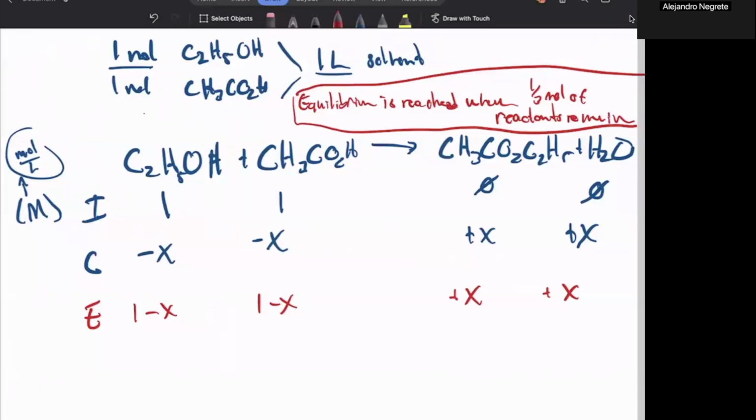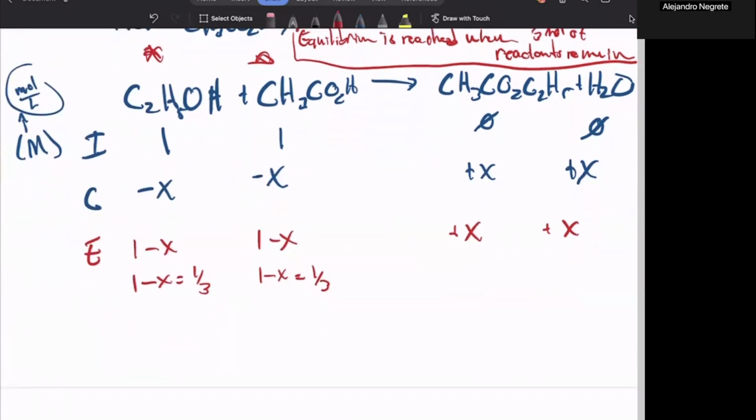So we know the equilibrium concentrations for both the acetic acid and the ethanol: 1 minus x is going to equal 1/3, which means that x is equal to 2/3. So x is now equal to 2/3, and once we know what x is, we now know all equilibrium concentrations.